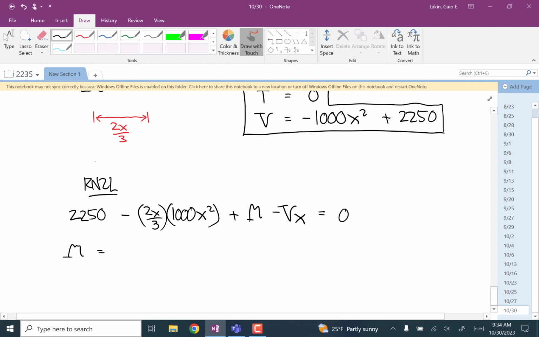So m is equal to positive 666.6 repeating x cubed plus vx minus 2250.